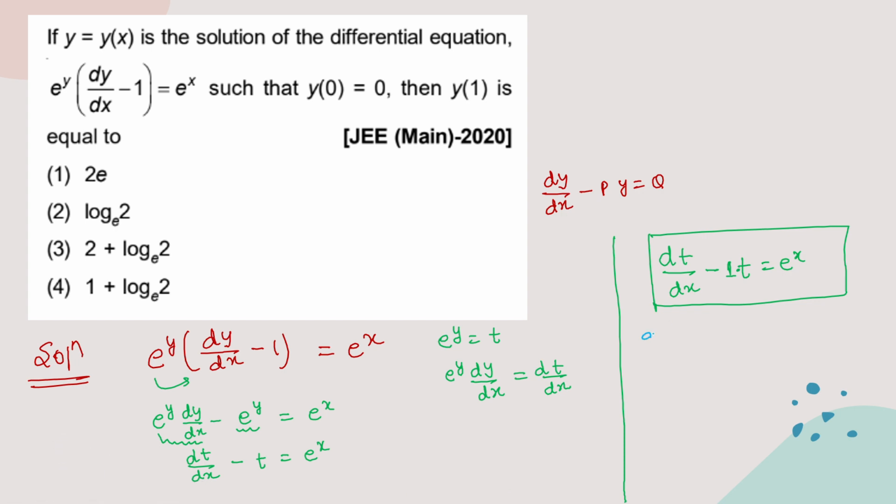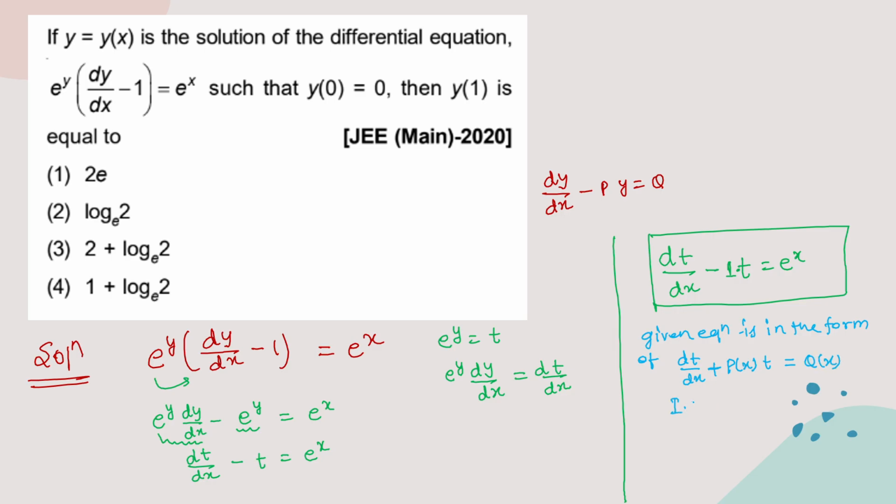So we'll say the given equation is in the form of dt by dx plus p of x into t is equal to q of x, in standard format.